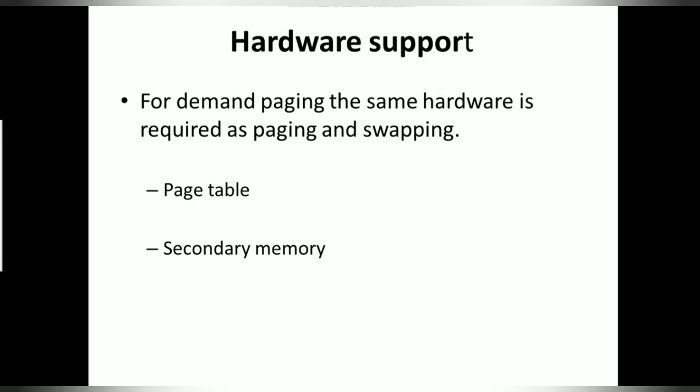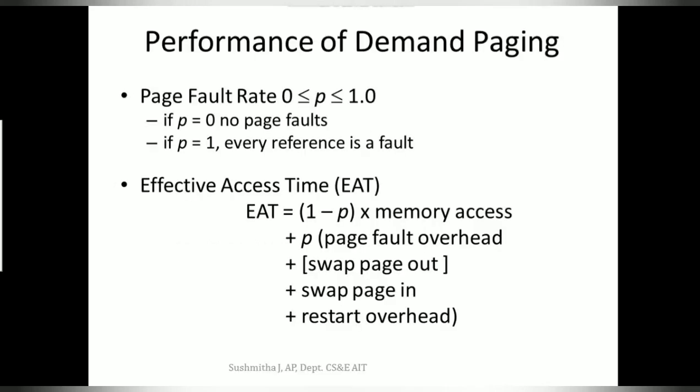Now let us see the performance of demand paging. Is demand paging really very good? Is it a good thought to bring in the page only when it is required? Let us see how it could be checked.